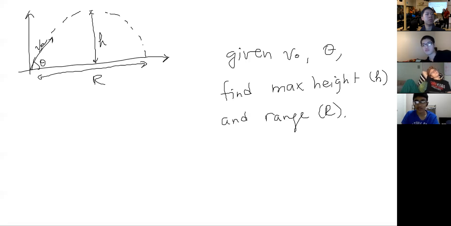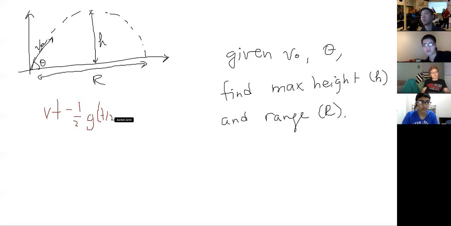Can I annotate? Sure, go ahead. T equals 2 v naught sine theta over g.